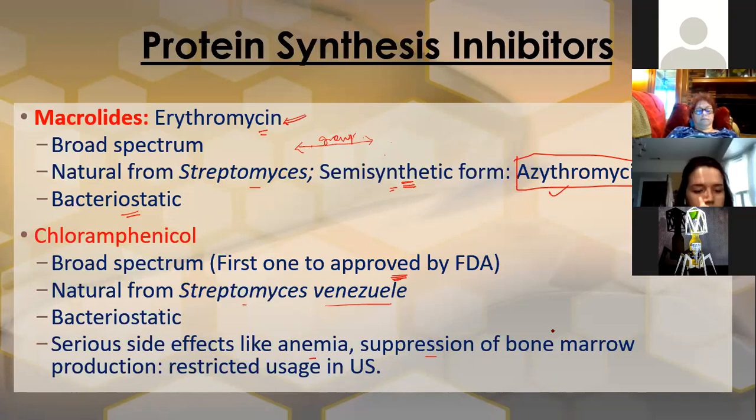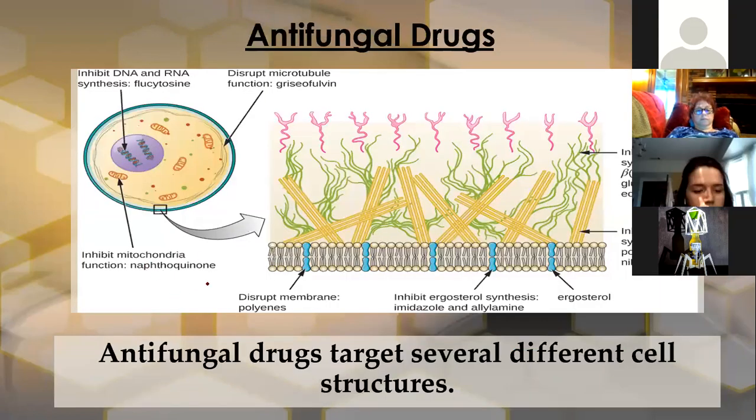If bone marrow production is suppressed, you get anemia, because all the blood cells, RBC, WBC, and platelets, are produced from the bone marrow. That's the reason its usage is restricted in the USA. Nowadays we really do not use chloramphenicol, or maybe only at a very low dose.